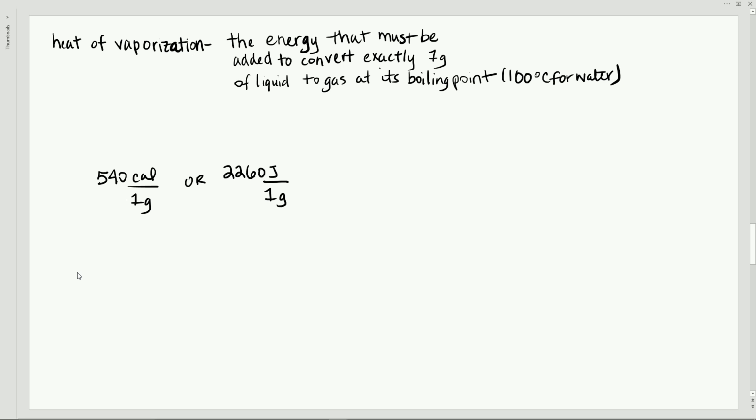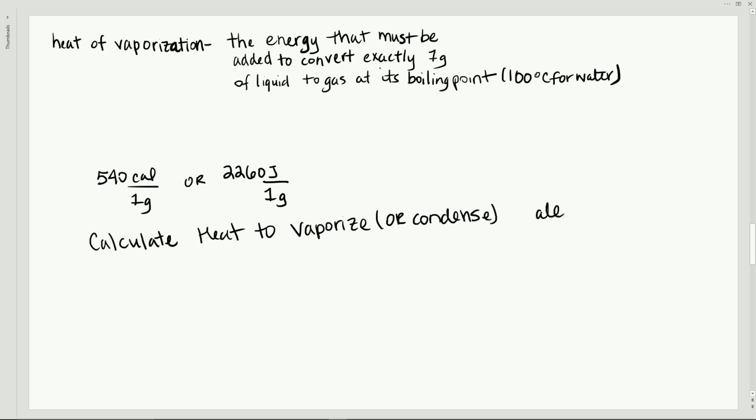So if we need to calculate the heat to vaporize or condense water, we would need a formula.